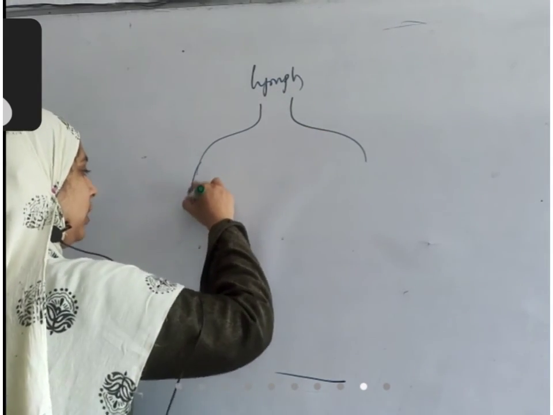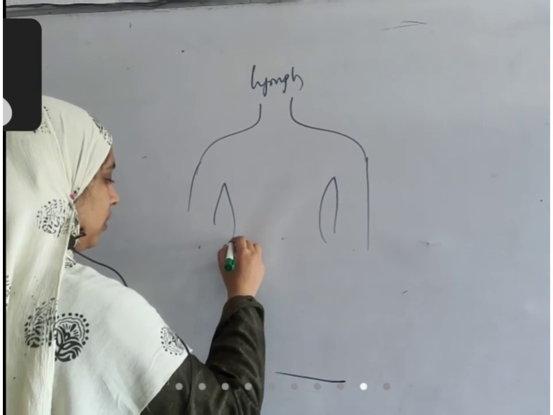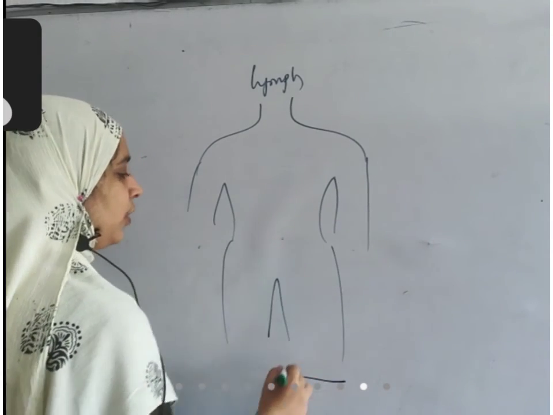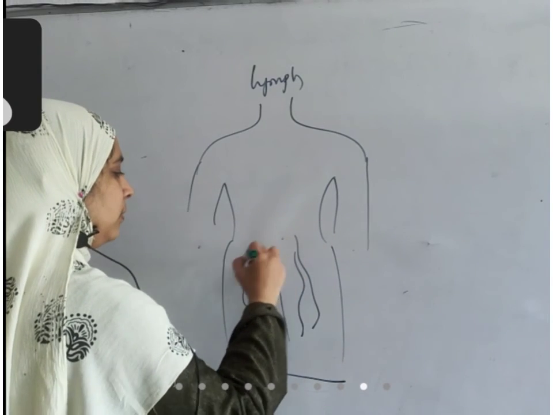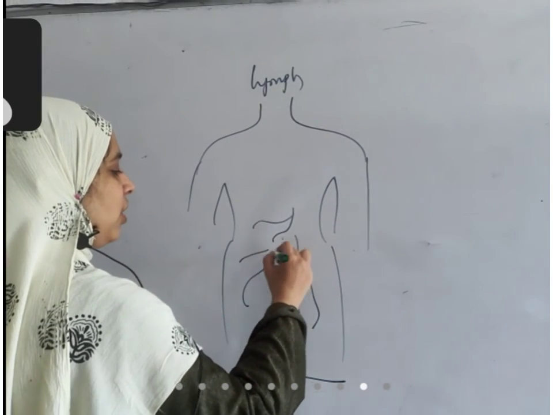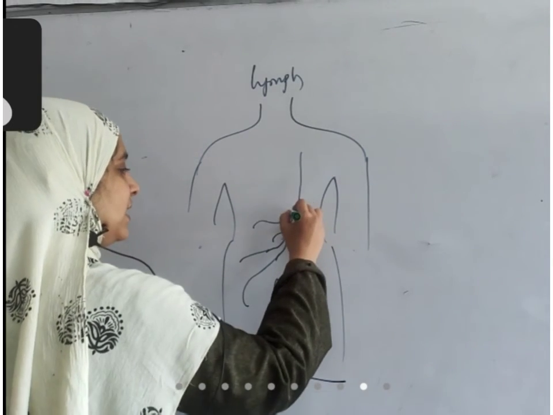In our body, from the lower parts of the body, all the lymphatic vessels will come, even from the stomach region, and connect to form the left thoracic duct.